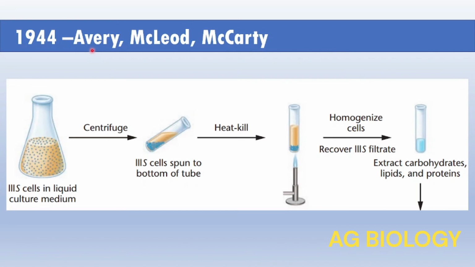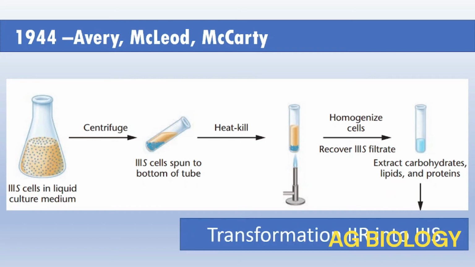What did they do? Large quantities of liquid culture of virulent type 3 S cells were centrifuged and heat killed. Following homogenization and treatments, they obtained a soluble filtrate that still retained the ability to induce the transformation of avirulent type 2 R cells into live type 3 S cells.